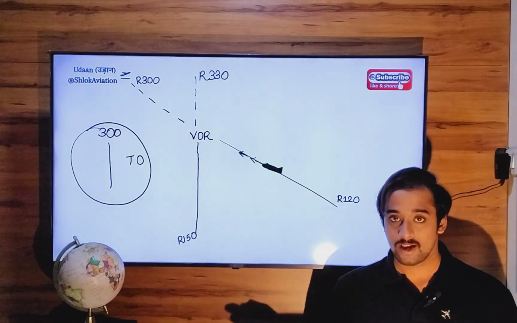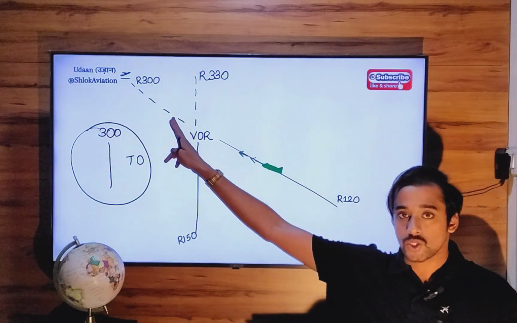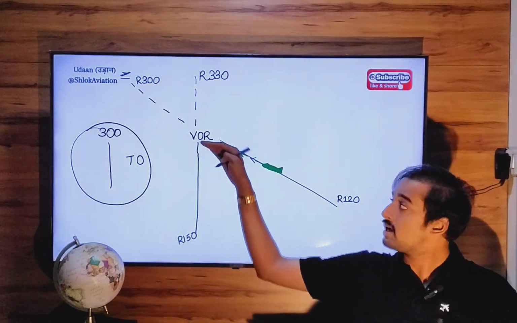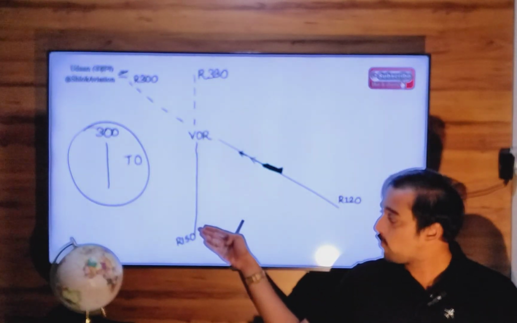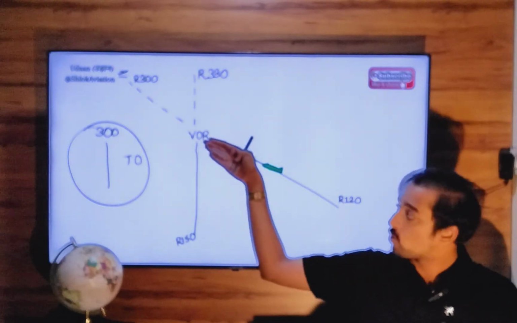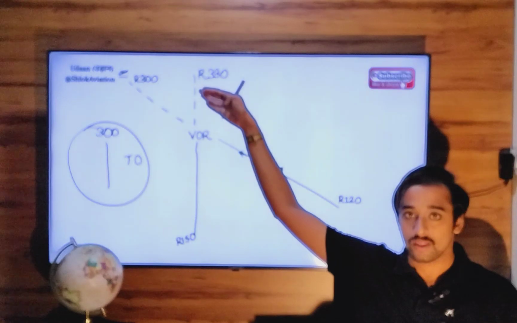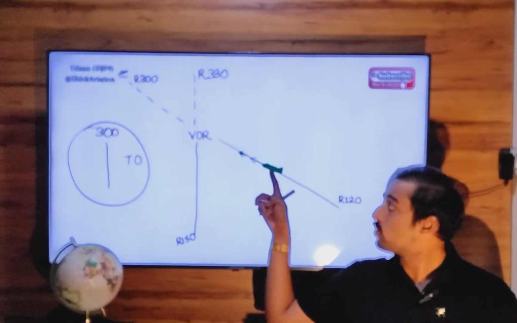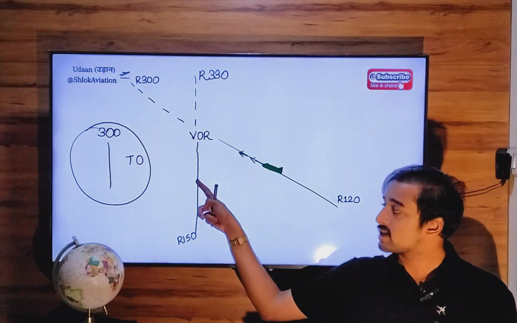Now to go onto radial 300, you have to fly inbound on radial 120. Similarly, to go onto radial 330, you will have to fly inbound radial 150, overfly this VOR and then transition onto radial 330. So what will the CDI needle tell you? It will tell you to go to the left hand side.